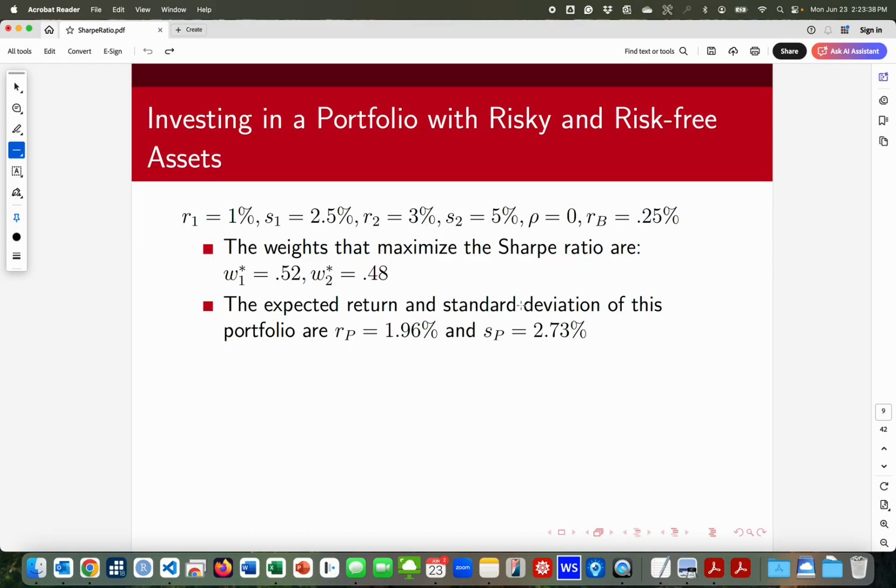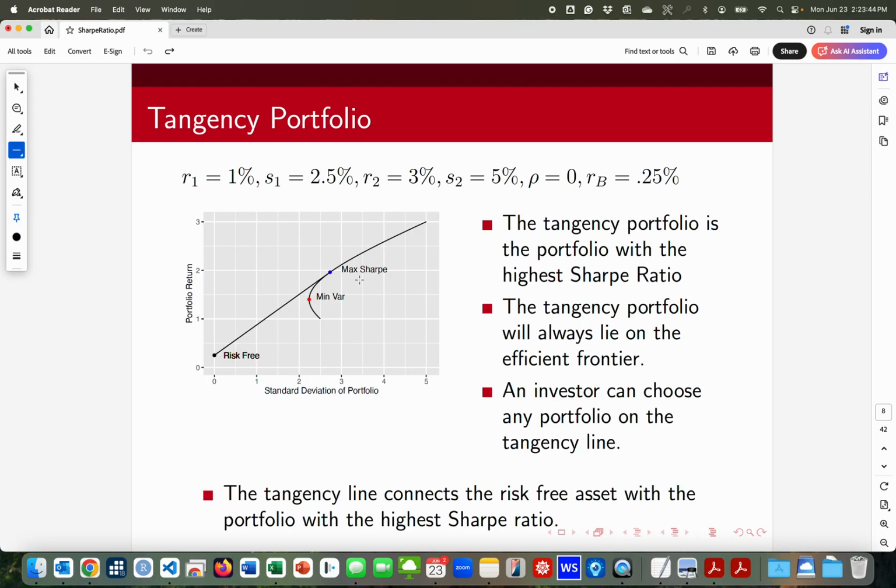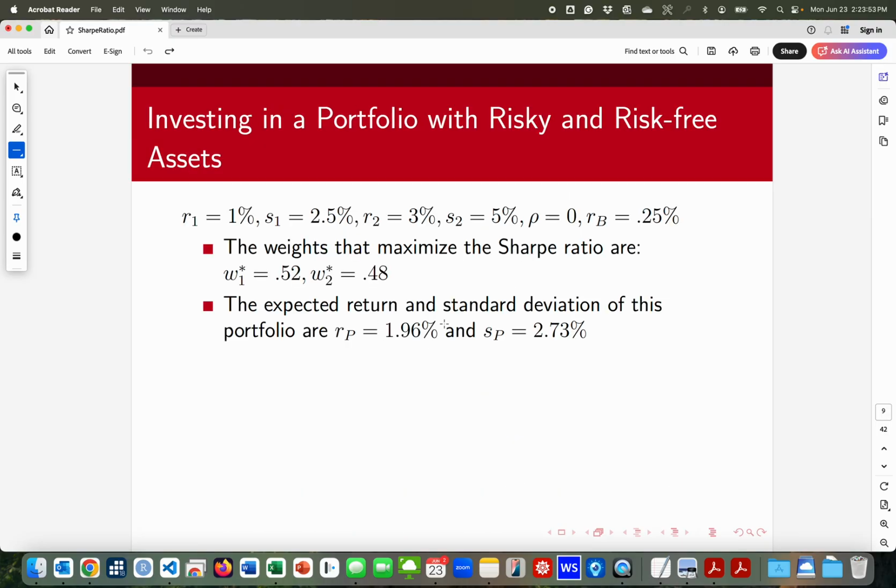The return was 1.96% and a standard deviation of 2.73%. Again, that is from the blue dot. So our return's just under 2% and our standard deviation is just under 3%, which is exactly what we're seeing right here.